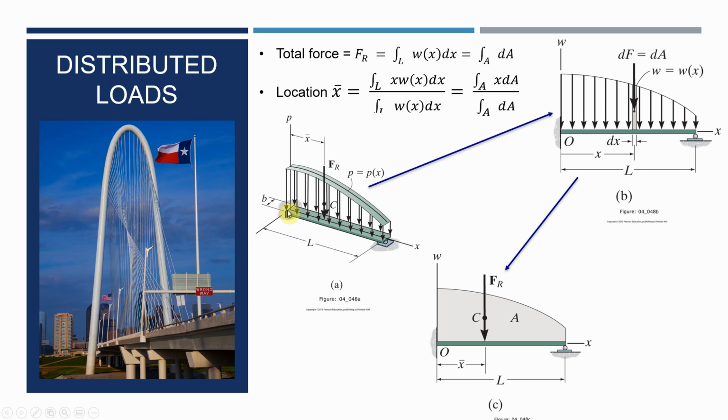So we can just pick what point over here will create that same moment, and replace the distributed force with a single force acting at this location, x bar. It's an average, x bar. A single force acting at a single point replaces a distributed force. The total force, of course, is just the area under the curve.